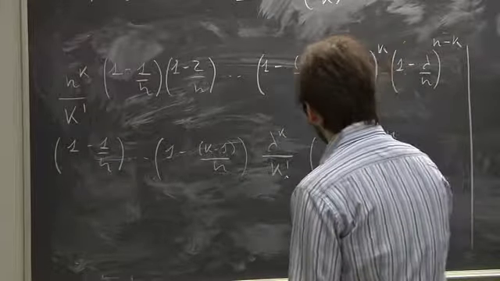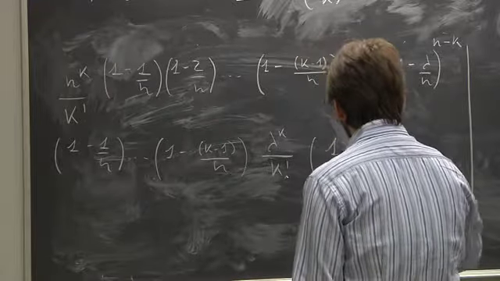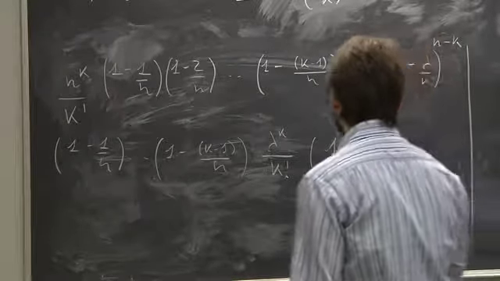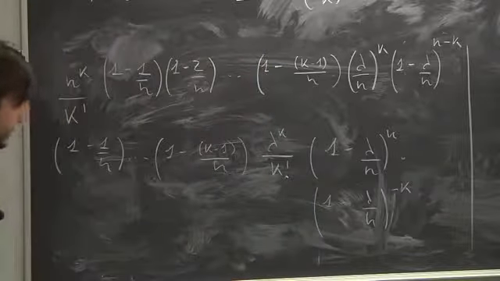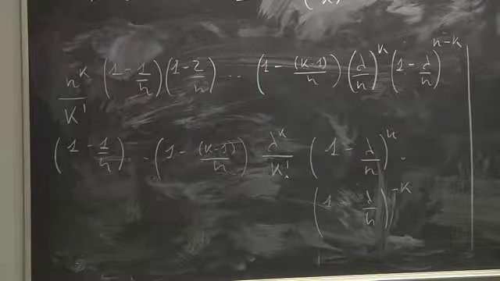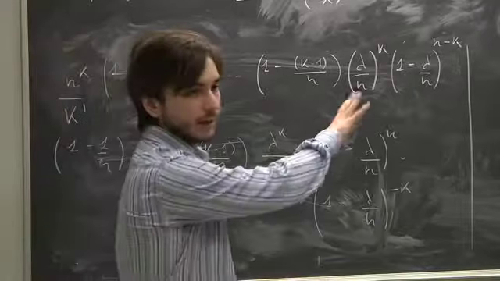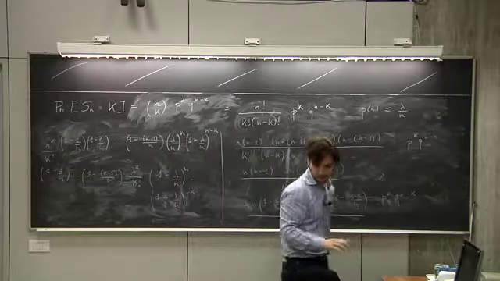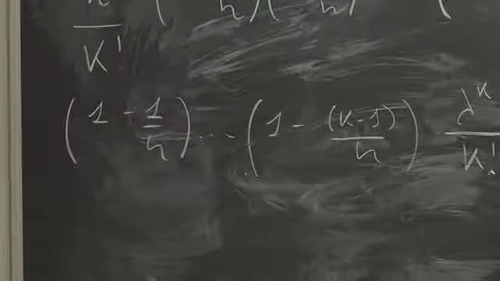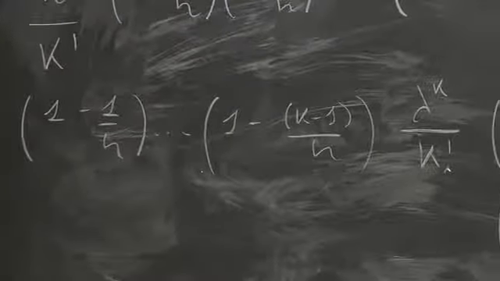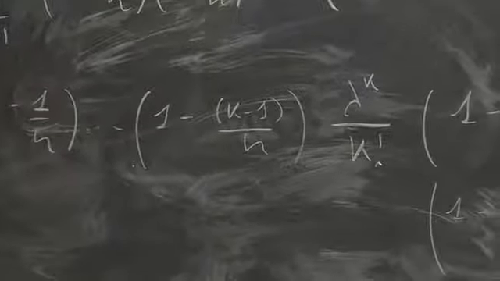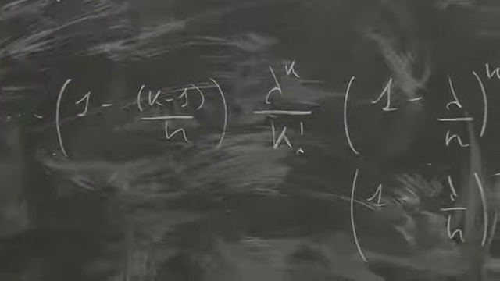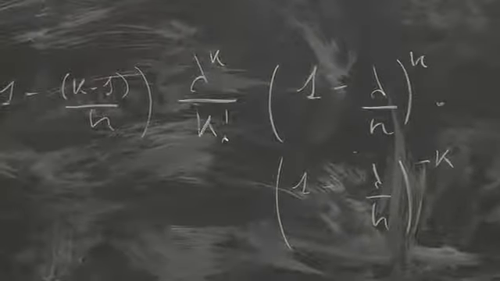And then again, 1 minus lambda over n to the minus k. So now we'll take the large n limit. Is this okay? We're almost done.